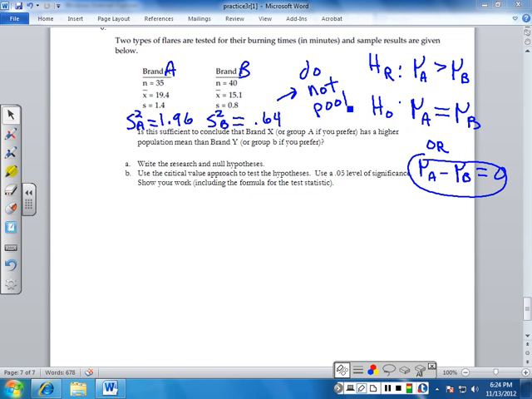So now if you would, go to your calculator and go to a two-sample t-test, stat test, two-sample t-test, and enter in the means, standard deviations, not the variance, enter the standard deviations and the sample sizes for both samples.